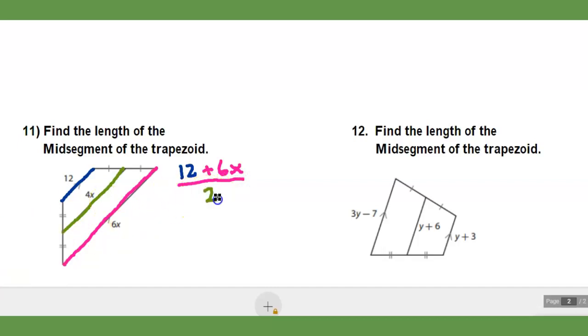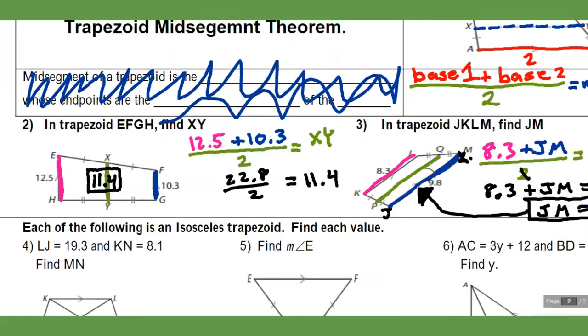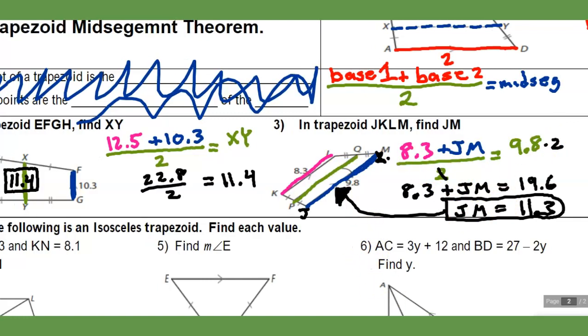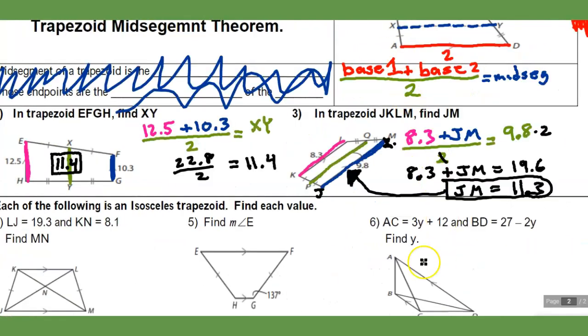All divided by 2, which will equal 4x. And very similar to this example, you go through, multiply both sides by 2, and then solve the equation that's remaining. Okay? Everything is doable. You have examples for everything. Just follow it carefully, and it should be okay.